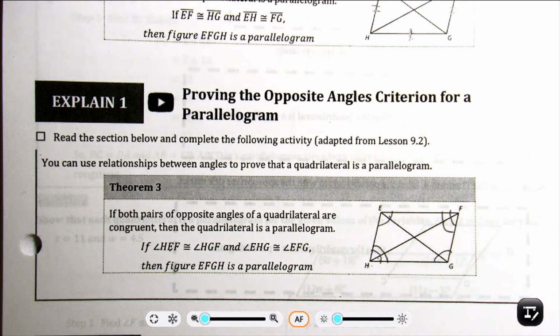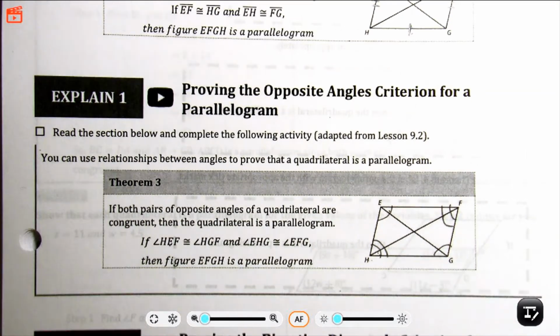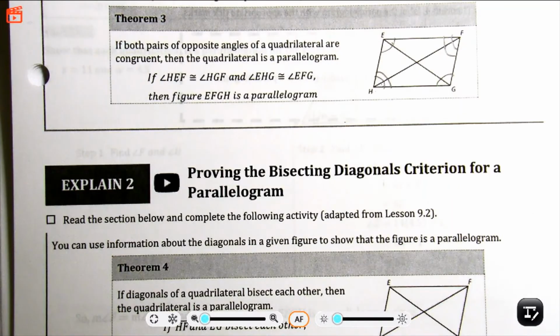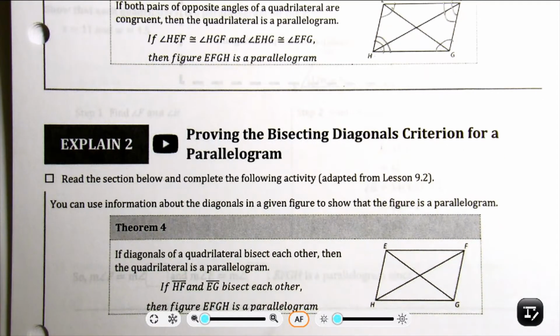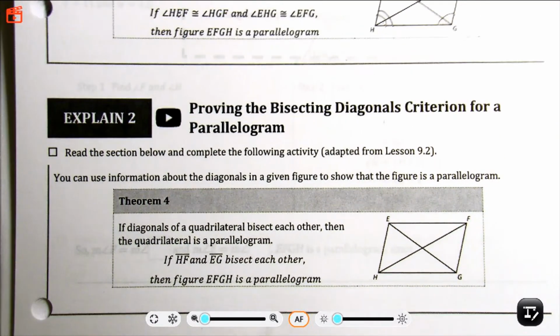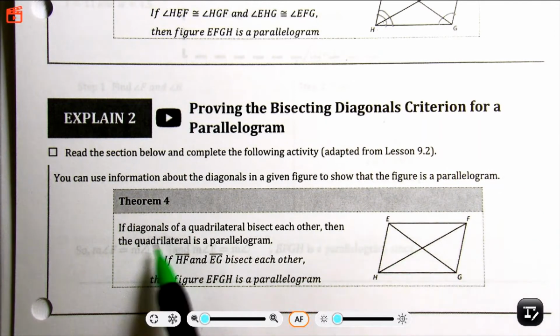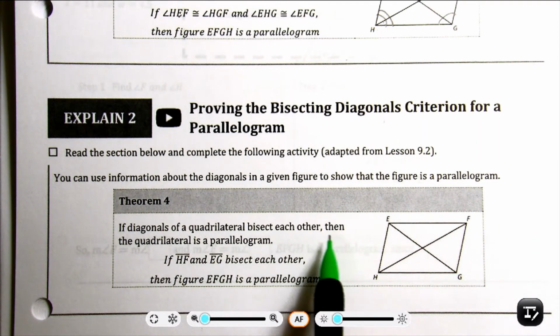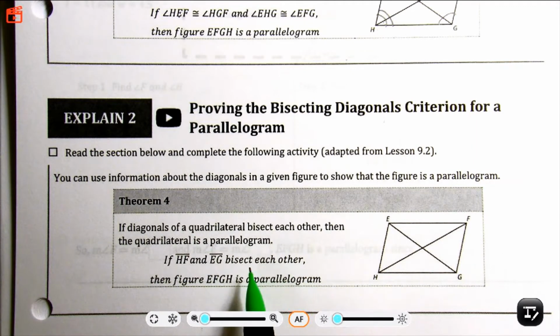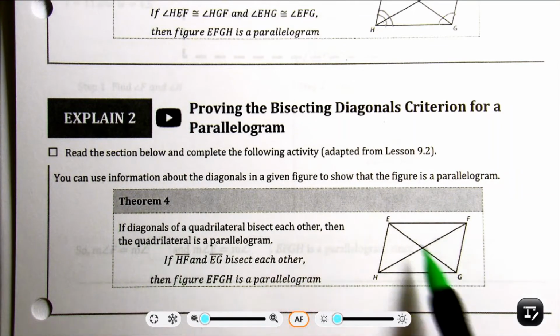And the last theorem that we're going to look at is proving bisecting diagonals of parallelograms. If the diagonals of a quadrilateral bisect each other, then the quadrilateral is a parallelogram. Remember that a diagonal is a line that goes from one corner of the parallelogram to the opposite corner.